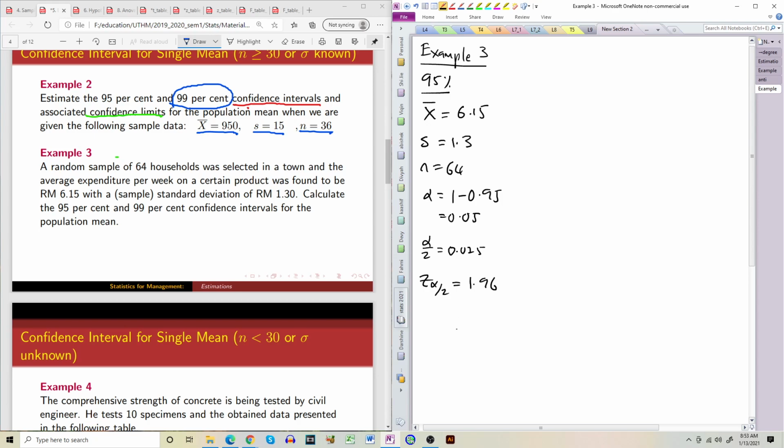And if I want to replace inside the formula, this would be 6.15 plus minus 1.96, 1.3.